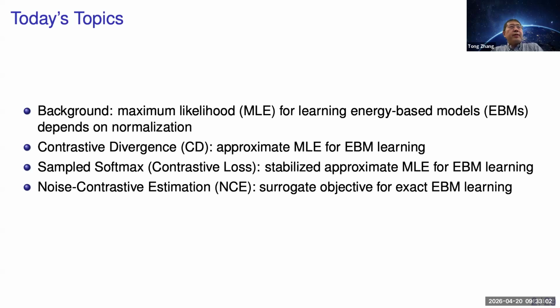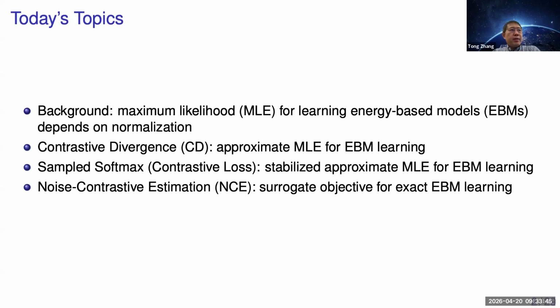Then we will talk about a topic we already looked at, which is softmax with samples. We covered this in at least two lectures: one was contrastive loss for learning representations, and the other was CLIP, which uses contrastive loss to learn the alignment of text and image. In the more general setting, we call that sampled softmax, which can also be used for energy-based model learning.